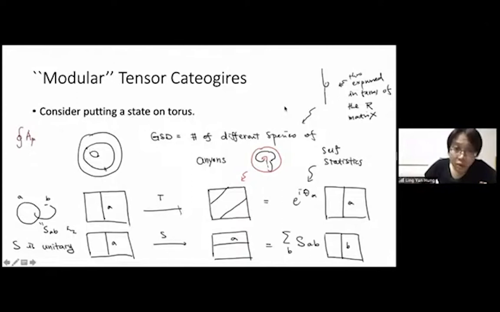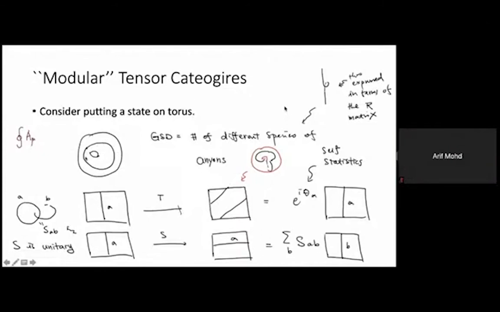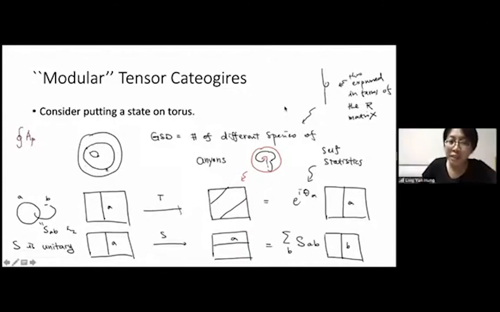So the ground state degeneracy corresponds to Wilson lines of different representations that wrap around the non-contractible cycle. Even though it's a flat connection with nothing gauge non-trivial, it still gives rise to a different ground state. When I say excitations, what it means practically is that we're considering some open Wilson loops.